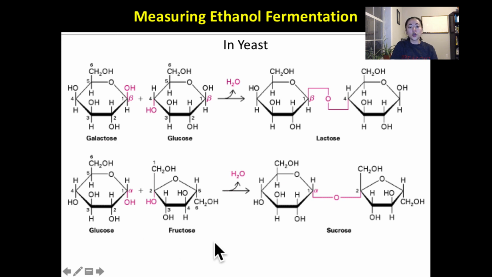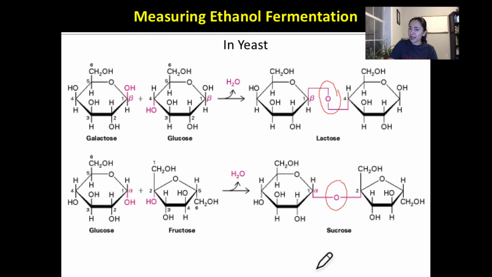So in order for yeast to ferment sucrose or lactose, they are going to have to first break the chemical bond holding these 2 monosaccharides together. So there is an extra step involved in breaking down a disaccharide versus just breaking down a monosaccharide, which they can just use immediately.